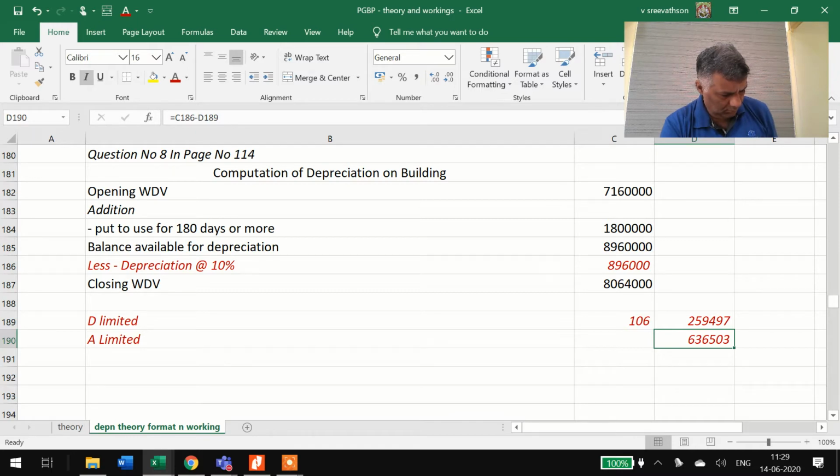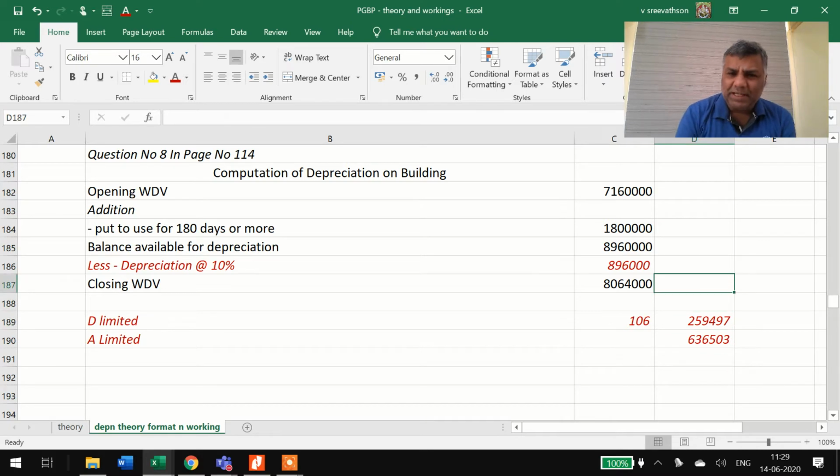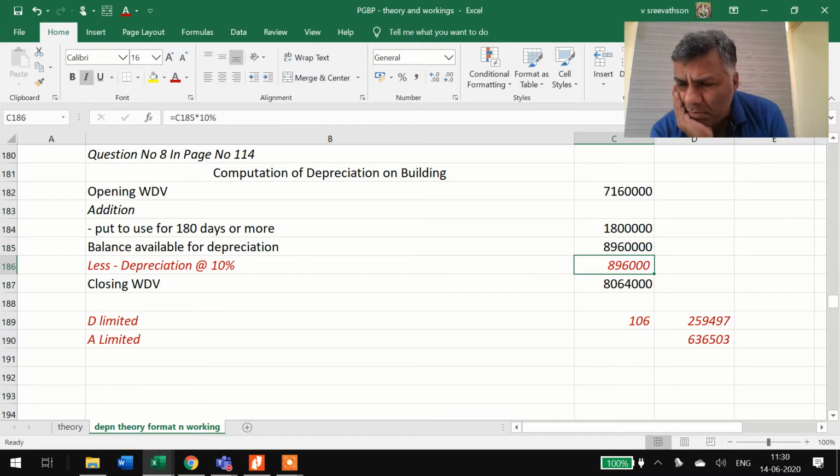Sorry. Go ahead with your question. So in case it is less than 180 days, then how will we compute it? You compute the depreciation. When you compute the depreciation, 71 lakh 60,000 into 10% plus 18 lakh into 5%. Yeah, but by proportionating it between two companies, here we have taken 106 divided by 366.